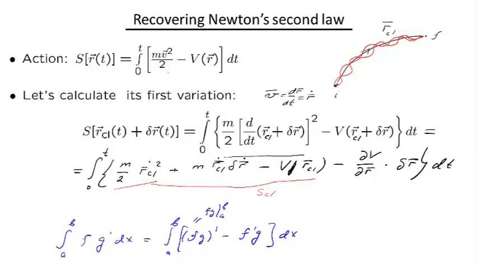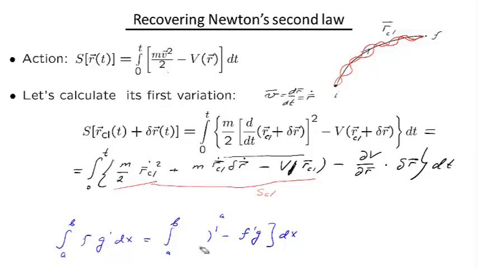Our trajectory, remember, is pinned. We have to go from the prescribed initial point to a prescribed final point, so there is no freedom for the fluctuation to deviate from these points. It can only deviate from the classical trajectory in between. So the full derivative term vanishes in this particular case, and we can simply move the derivative from here to here with a minus sign.